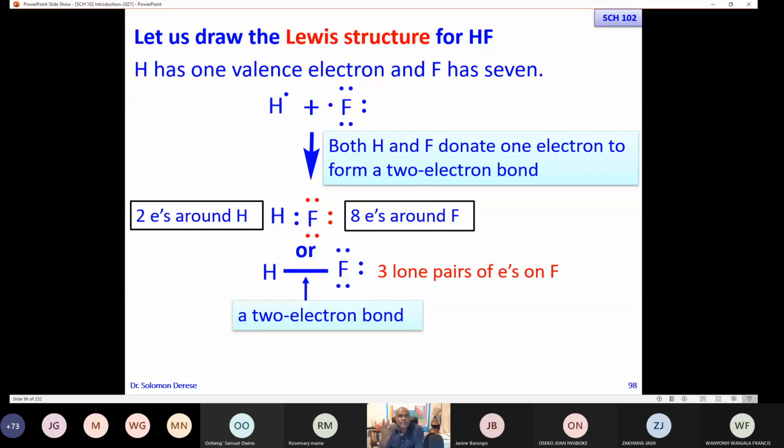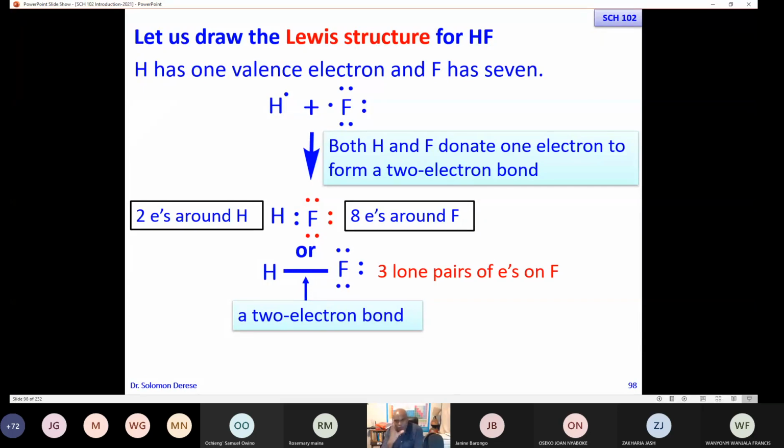The same when we are writing the structure for water, we just write H2O. But you should remember, on the oxygen of H2O, we have 2 lone pairs of electrons. When we write the Lewis structure for ammonia, we just write NH3. But we should not forget, on the nitrogen of ammonia, we have 1 lone pair of electrons.